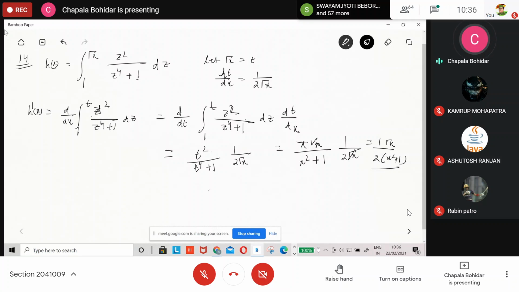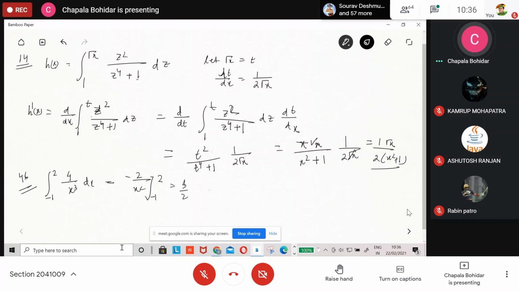Then after that, question 46. What is wrong with the equation? We already did examples, so now you can tell me. 46: the integration from minus 1 to 2 of 4 by x cube dx is equal to minus 2 by x square, from minus 1 to 2, which is 3 by 2.